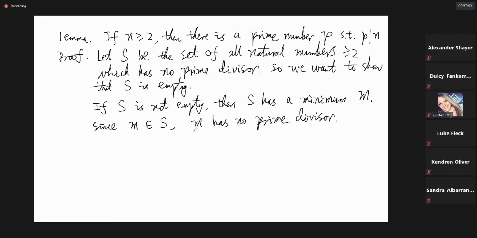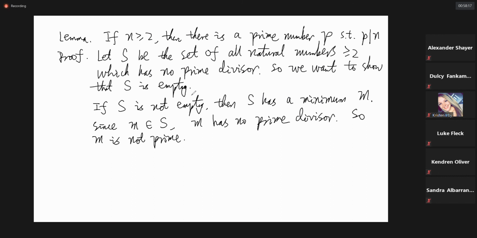But since M itself is a divisor of M, M is not prime. Because M itself is a divisor of M, but M has no prime divisor, so M is not prime. If M is not prime, by definition M is composite.